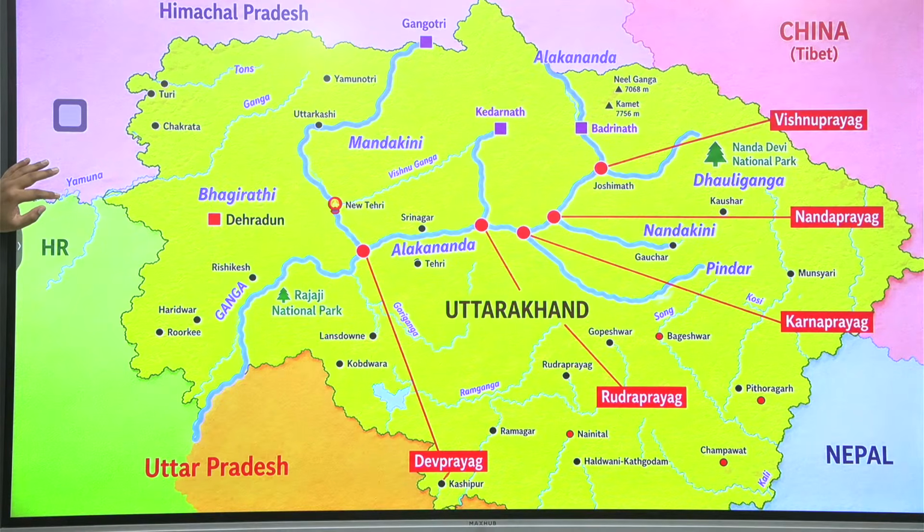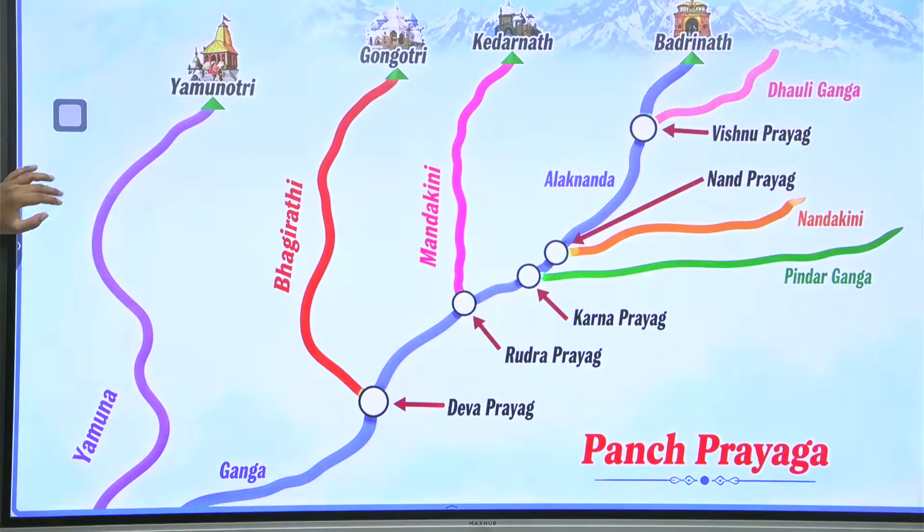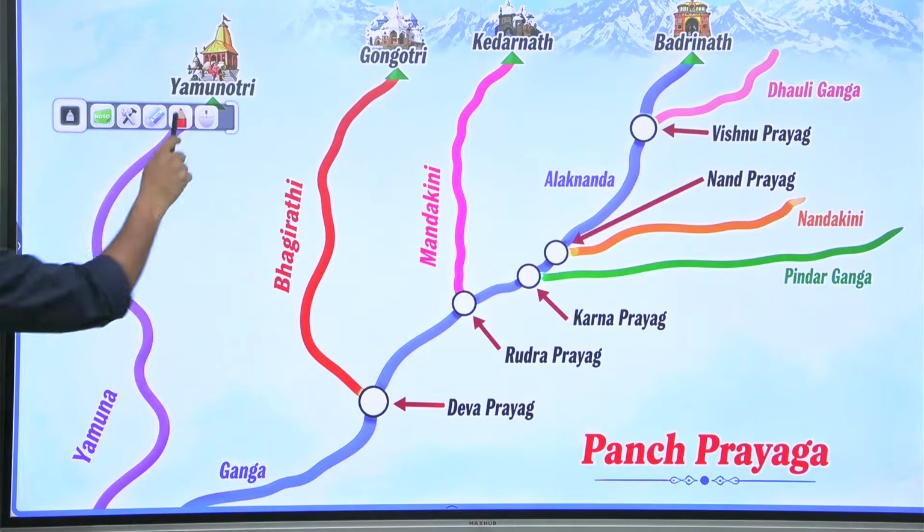Now the Alaknanda, when the rivers such as Nandakini, Nanda Prayag, right? Pindar, Karna Prayag. Dauli Ganga, Vishnu Prayag. And the last one, it is Mandakini, Rudra Prayag. So, mug up. You have to mug up. Draw. It is easy to draw. Simply remember this.